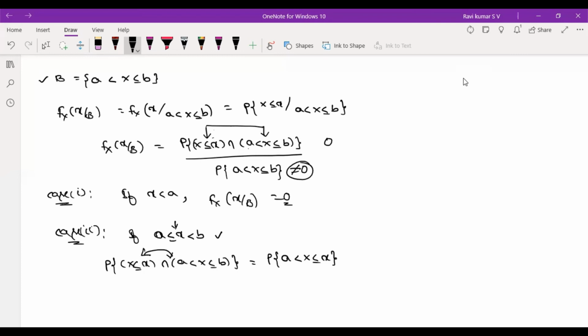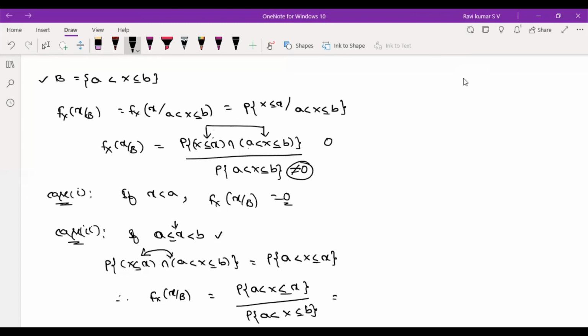Therefore, you can take F_X(x|B) equal to the probability of a less than X less than or equal to x divided by the probability of a less than X less than or equal to b.